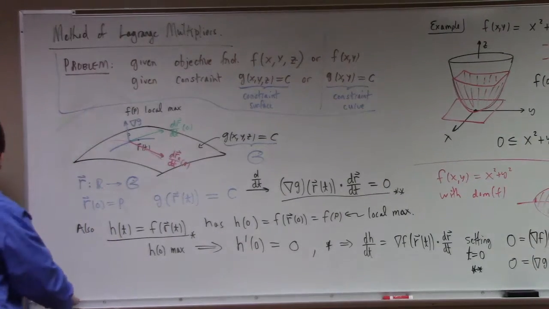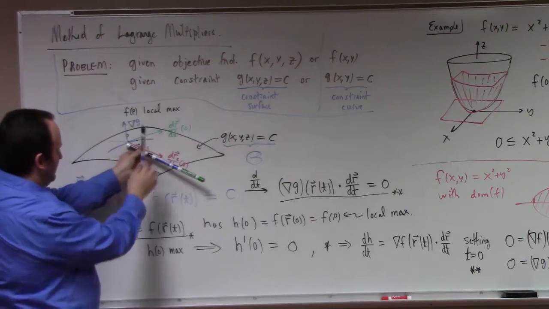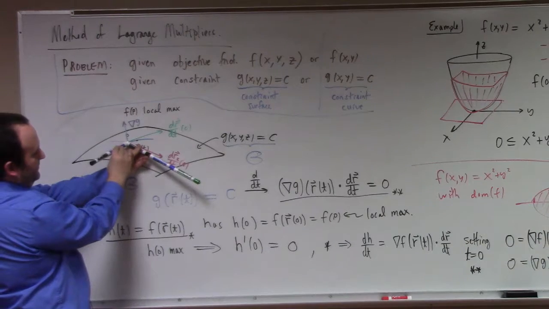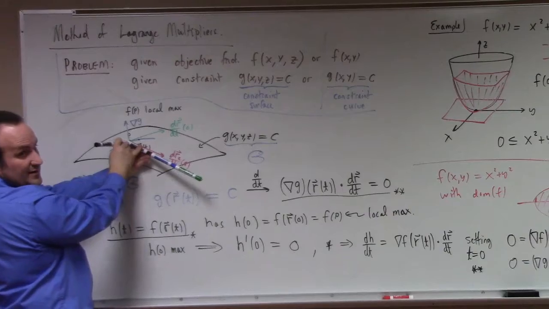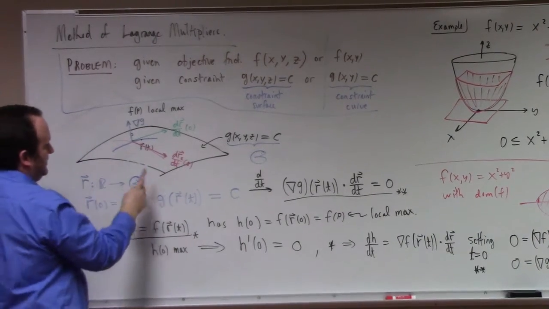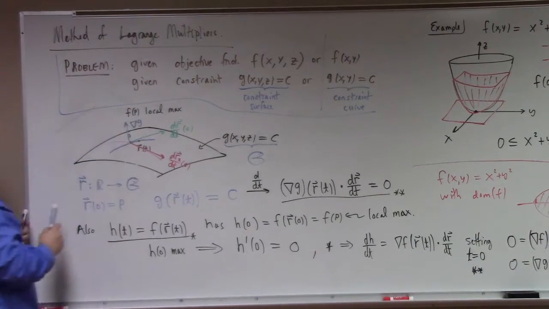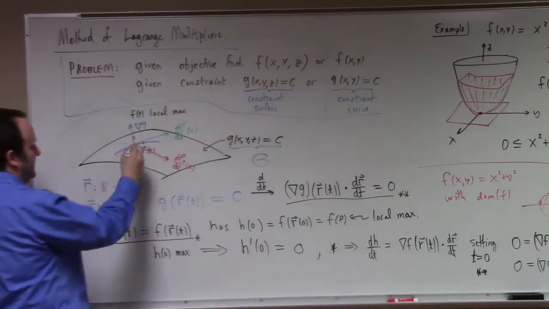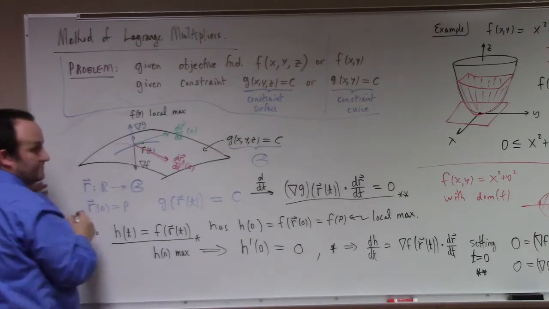And again, the gradient of g is still perpendicular, but I also need the gradient of f, the objective function, to be perpendicular to that velocity, right? And so you start sorting through this. It forces the gradient of f to be along the same line as the gradient of g. That's the only way we can get perpendicularity to all possible tangents in the plane, if the gradient of f looks like this, basically.